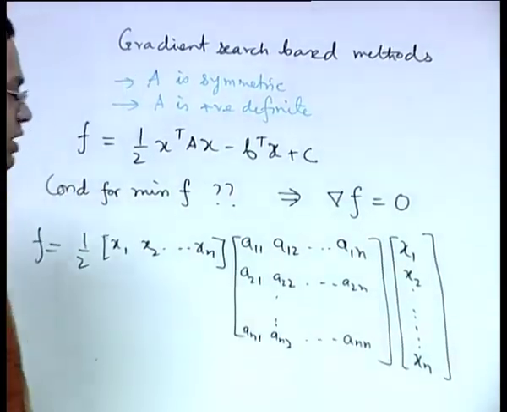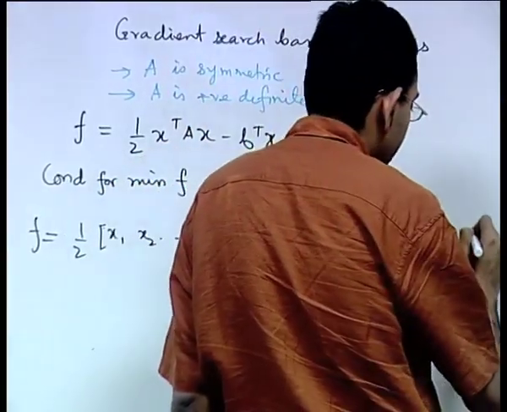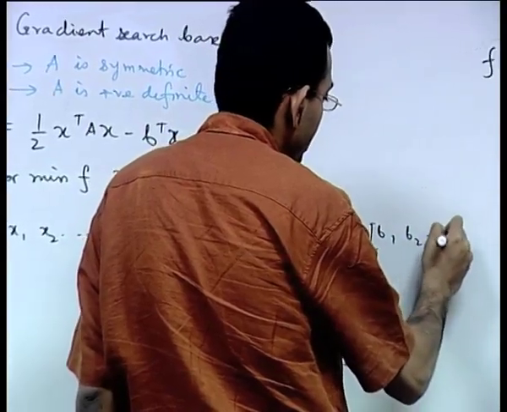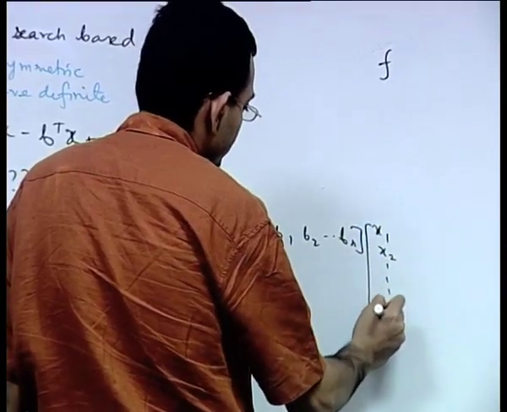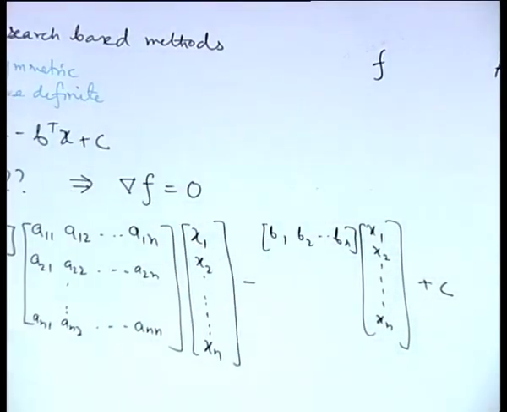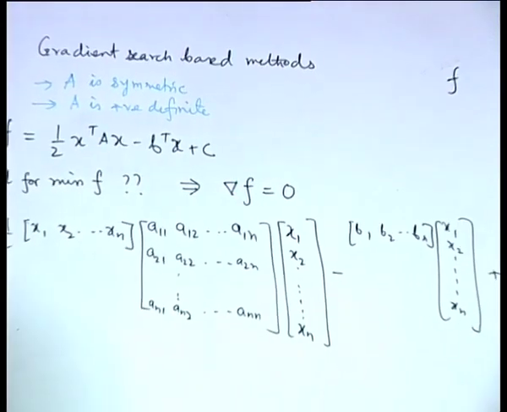This is half x transpose Ax minus b transpose, where b is b1 b2 in this way bn, into x, plus c. What is the gradient of f?